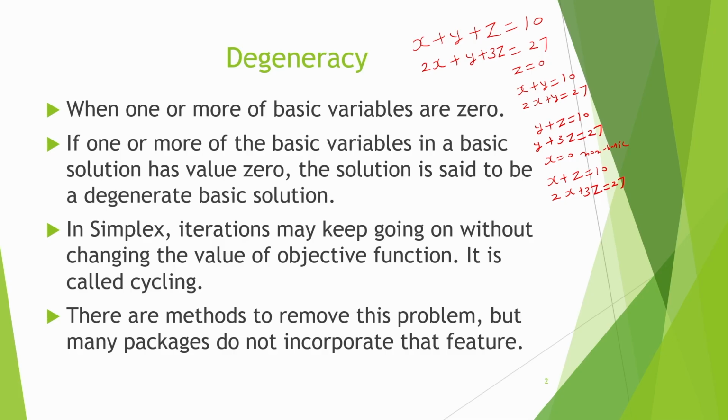So here there are only 3 possibilities, because I can make one non-basic variable 0, so 3C1, which is basically 3. Or I can choose 2 basic variables, either xy, xz or yz, so it is 3C2, which is the same as 3C1. That means this way you get a finite number of solutions.